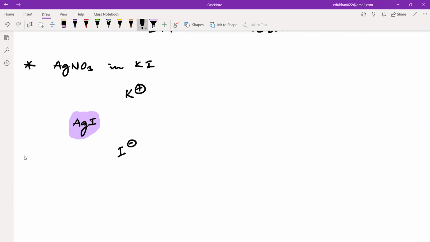These are the two ions that we have, in very huge amount. NO3 will be in very small amount because that is a solute. So in KI, the dispersion medium, we have two ions, K plus and iodide negative. Now, please tell me which of them gets adsorbed by AgI.